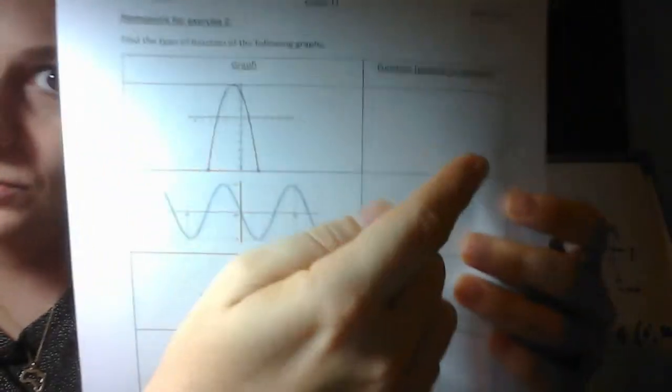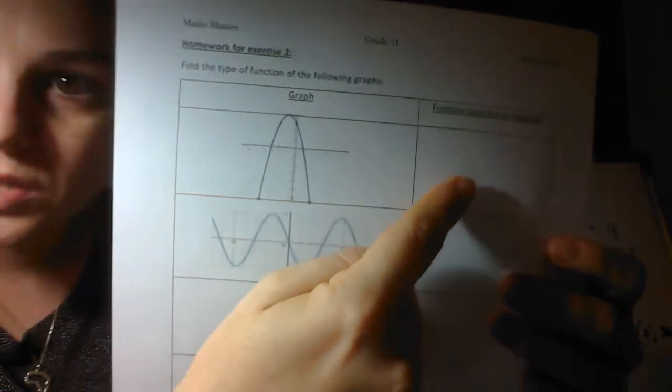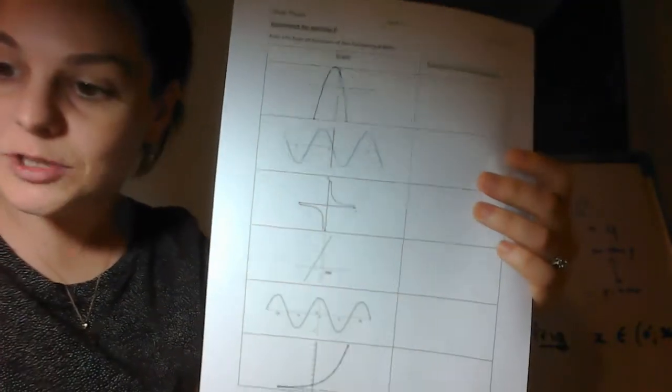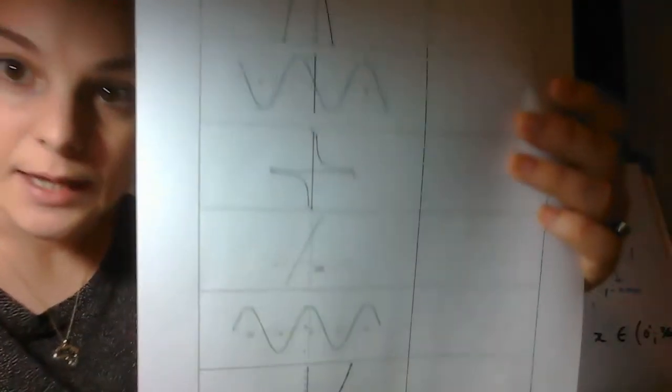And is it the positive version of that graph or the negative one? So that's all what you have to say. Type and positive or negative. So you can check in your lesson, in your table that you have, and you check which one you have here. And then you send me a picture of this for Tuesday.